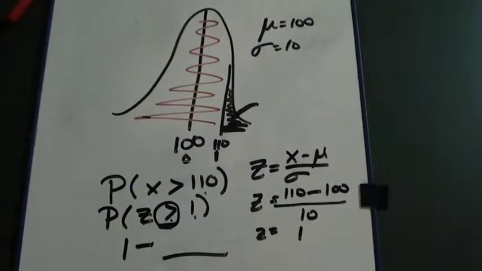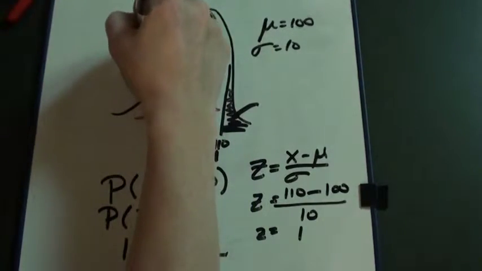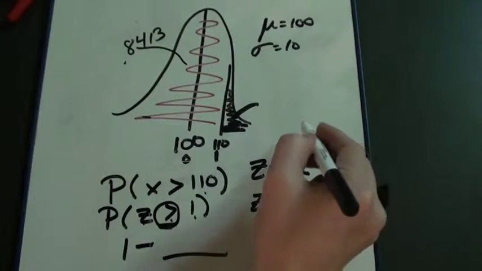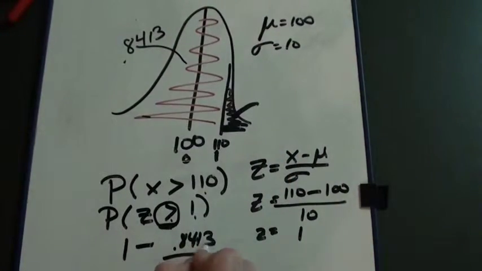So when I go look up 1 in the table, I'll try to show you again here. Here's 1.0, so it's 0.8413. So all of this area is 0.8413, but I want this, so I'm going to say 1, which is the whole table, 100%, minus this 0.8413.